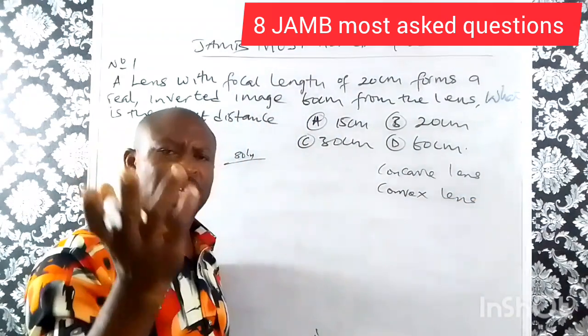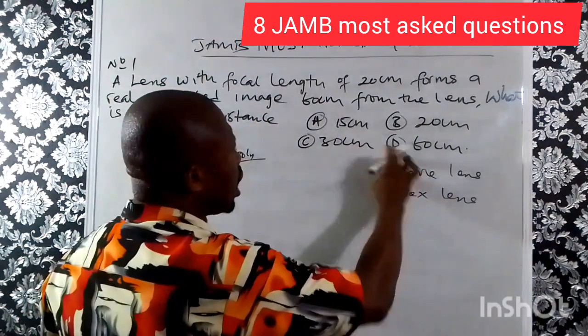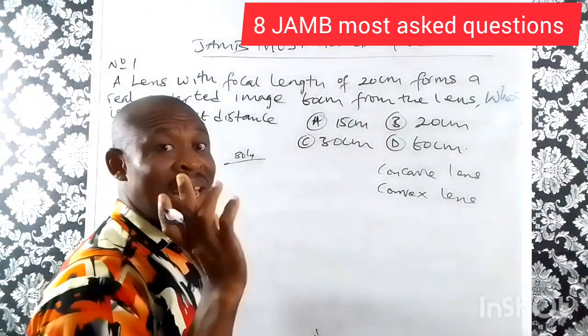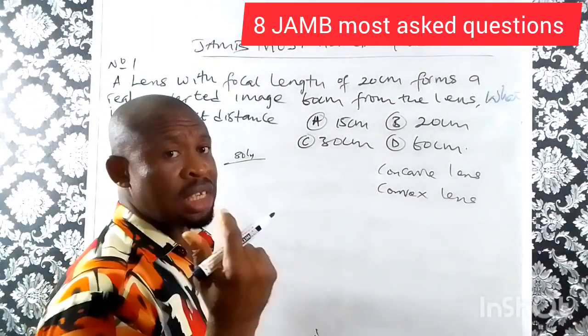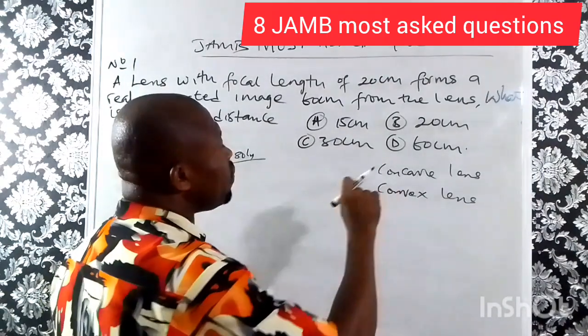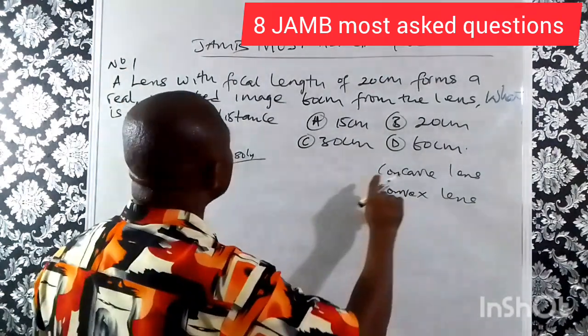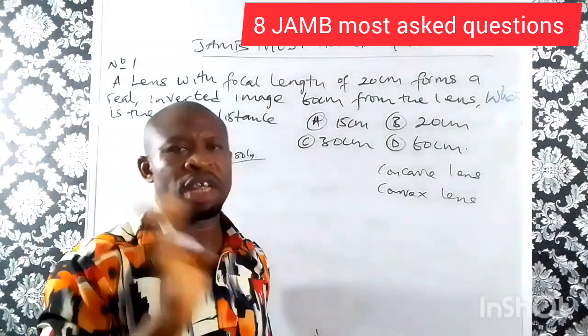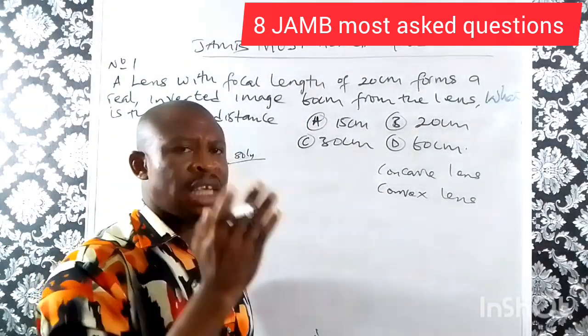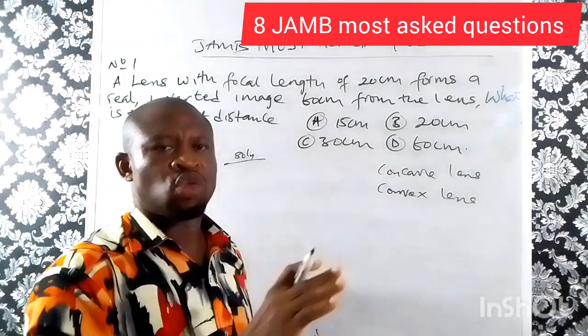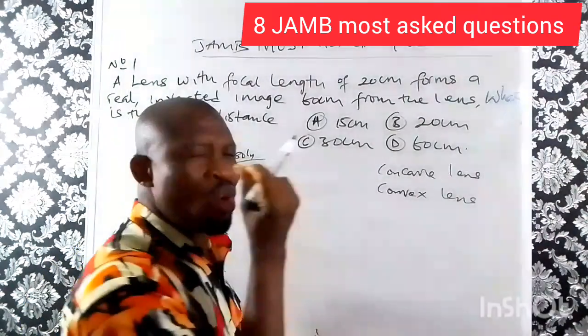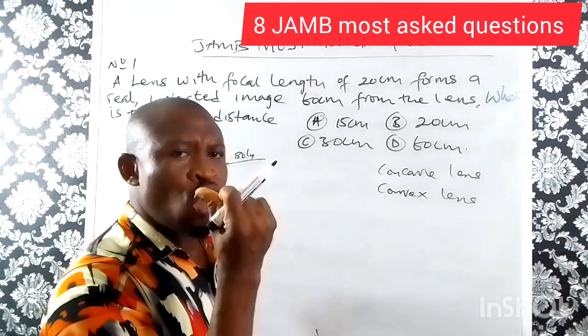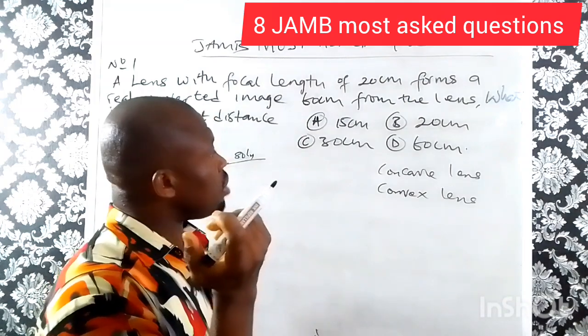So the properties of a concave lens. One of the properties of a concave lens is that concave lenses form virtual images, and the images are always diminished.